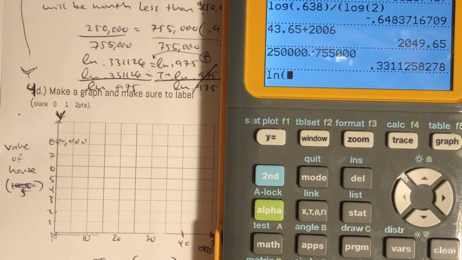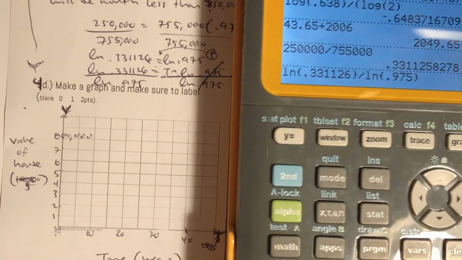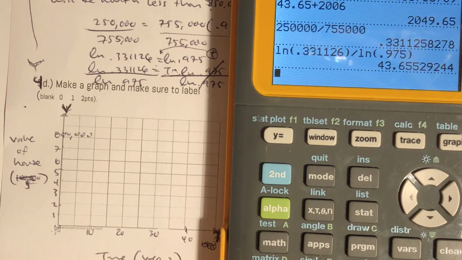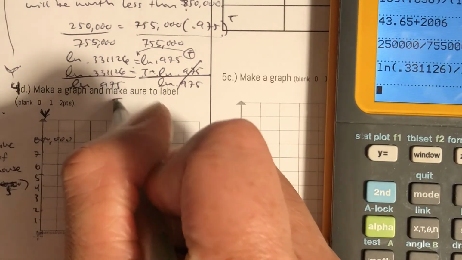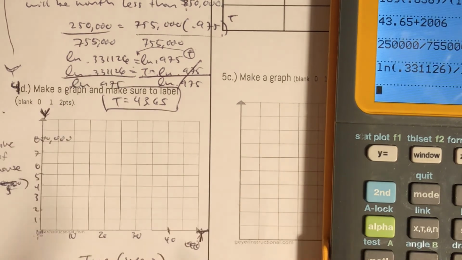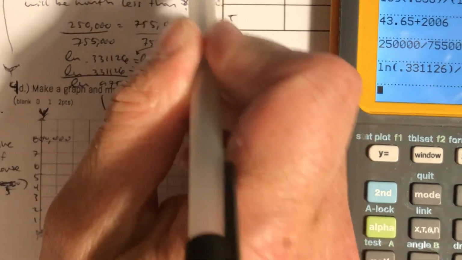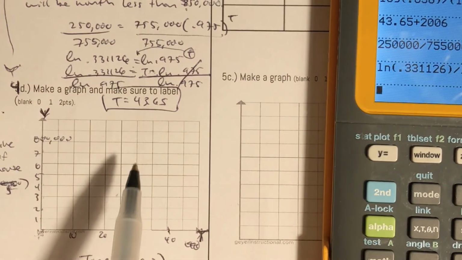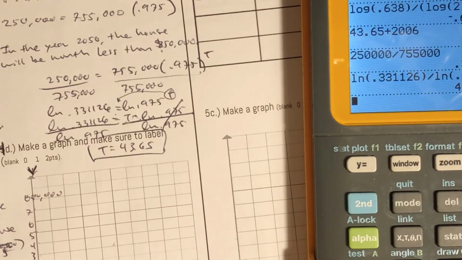So natural log of 0.331126 divided by the natural log of 0.975, and I assume that to be around 43.65. There it is. So second way of, we did it by graph and intersection, or you can do this problem using natural logs.